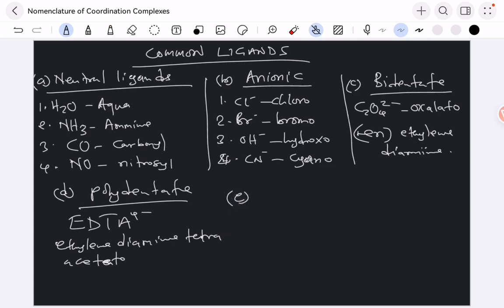Then we also talked about ambidentate ligands.